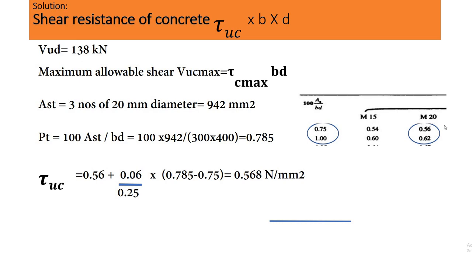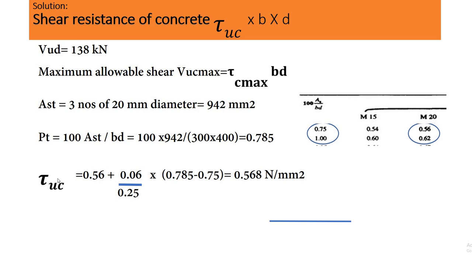Our grade of concrete is M20, so that is 0.56 plus the difference between 0.56 and 0.62, that is 0.06, and the difference between 0.75 and 1 is 0.25, right? Multiply by our value of Pt, 0.785, minus the lower value 0.75, which is equal to 0.568 Newton per mm square.